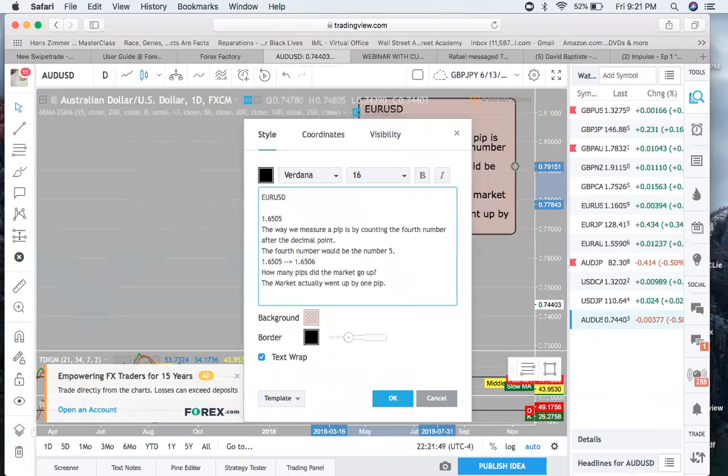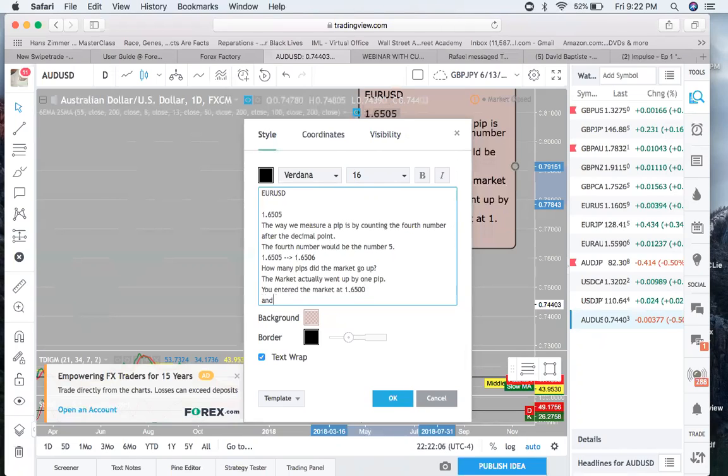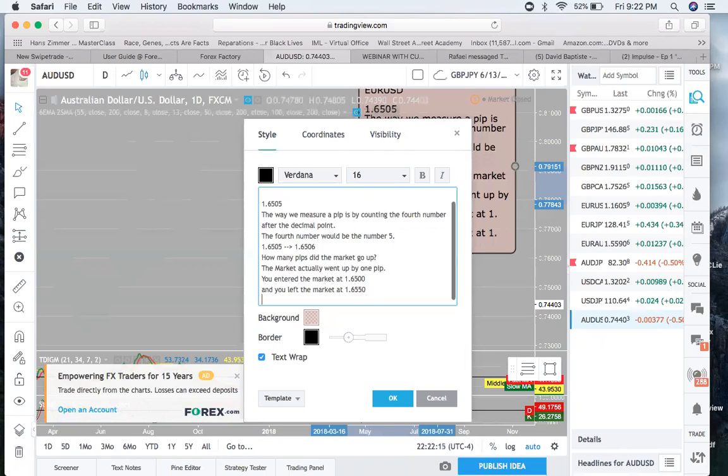So if you enter the market at 1.6500 and you left the market at 1.6550, the market went up by a total of 50 pips.